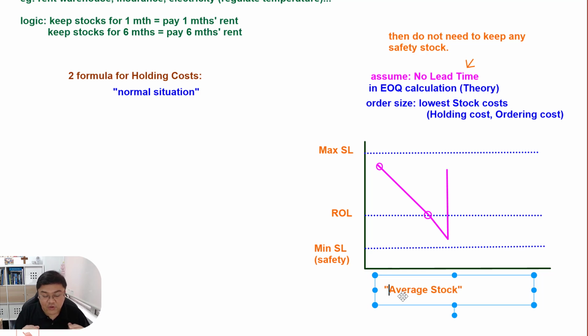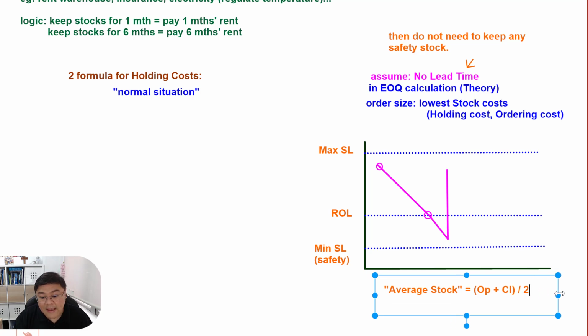And what is the formula for average stock? It is based on the opening plus closing, divided by 2. The reason we call that average is because you take the high point and the low point and divide by 2.